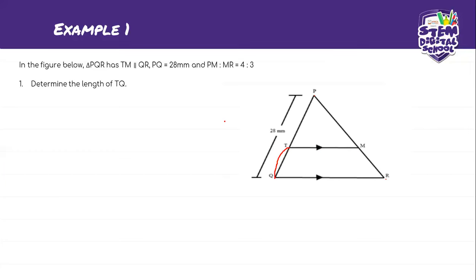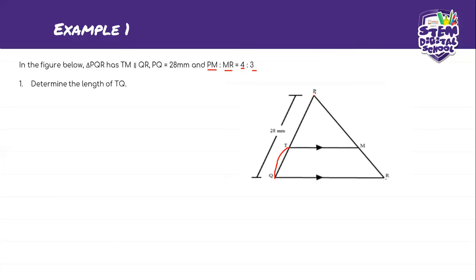Now, from our scenario, they have provided us with the ratios. For instance, we have PM here, and PM equals 4. Remember, this 4 is not an actual distance. It's the ratio. And then we also have MR, which is 3, right?